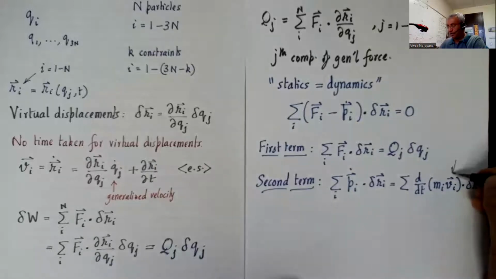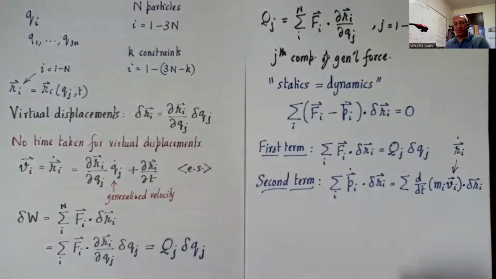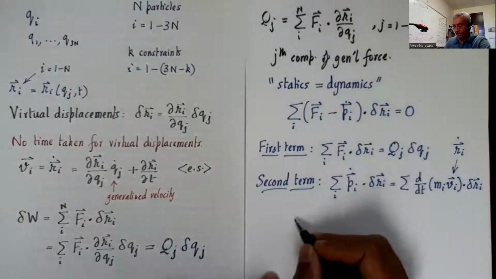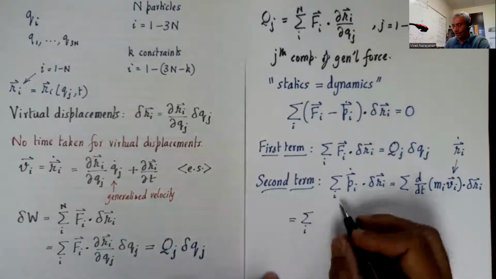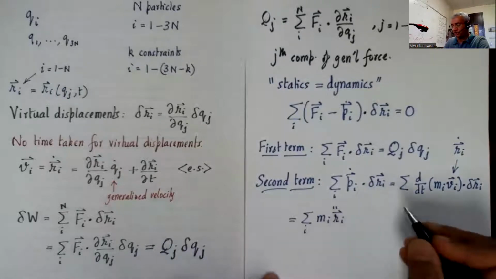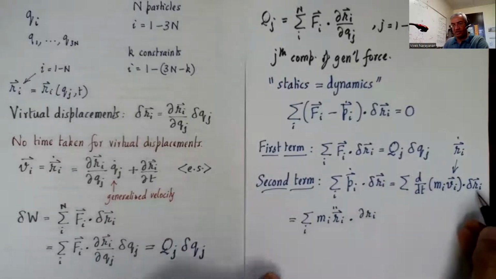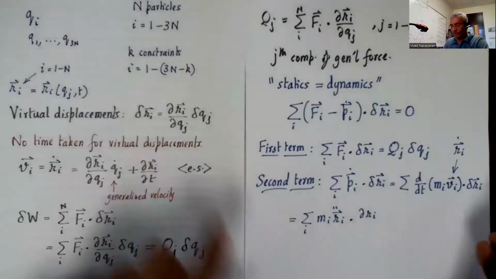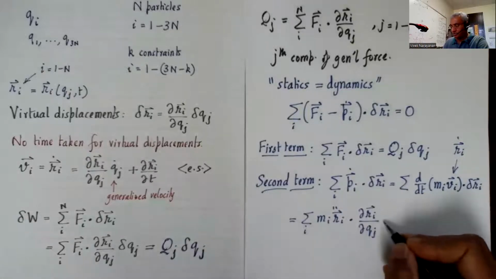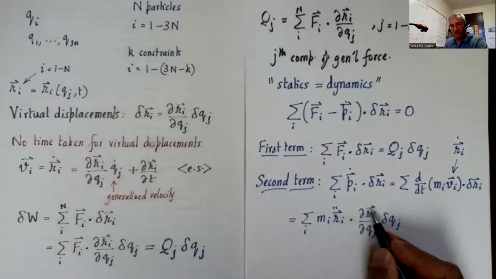But velocity vi is just written as Ri dot, so the rate of change of velocity is going to be the acceleration. So I'm going to get the sum over all i of mi Ri double dot, dotted with del Ri over del Qj, delta Qj. Observe the dot product acts on this and that.